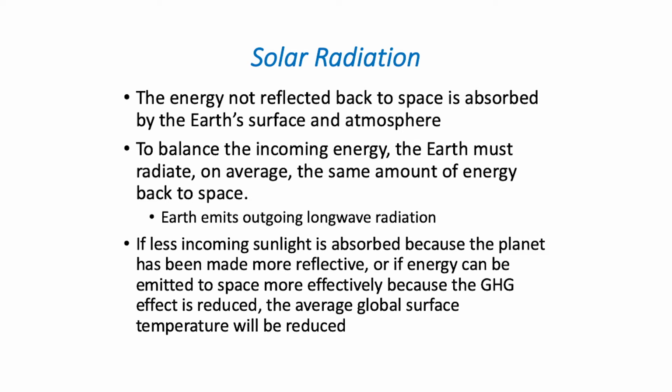So, if the greenhouse gas effect can be reduced, energy can be emitted to space more effectively, and the average surface temperature will be reduced. Also, if less sunlight is absorbed by the Earth by making it more reflective, the average temperature will also be reduced.